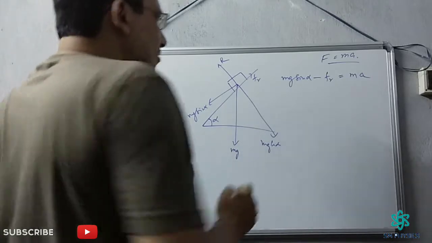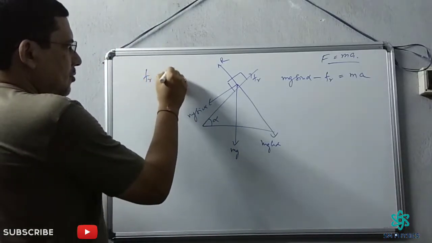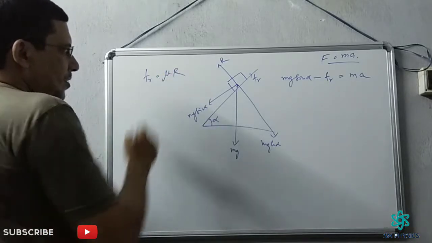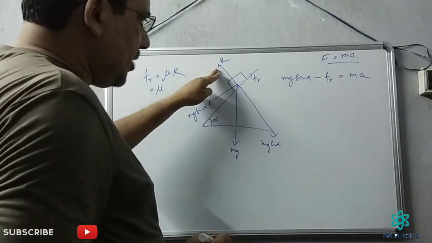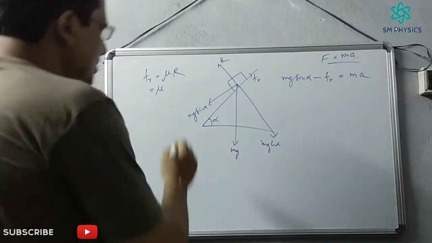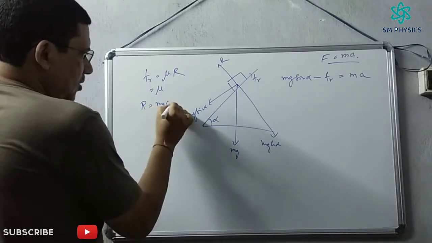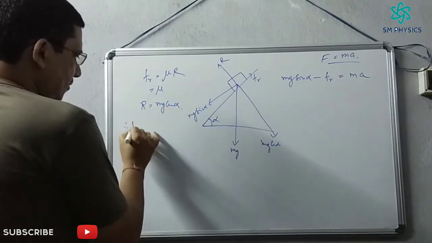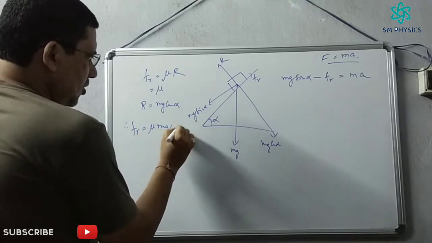Now what is Fr? The frictional force Fr equals mu R, where R is equal to mg cos alpha. So Fr equals mu mg cos alpha.